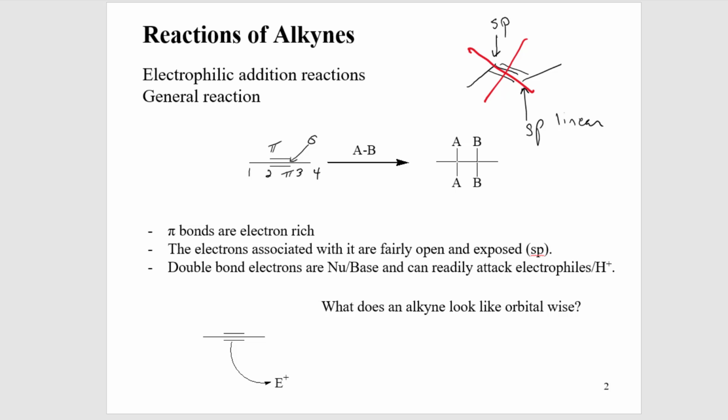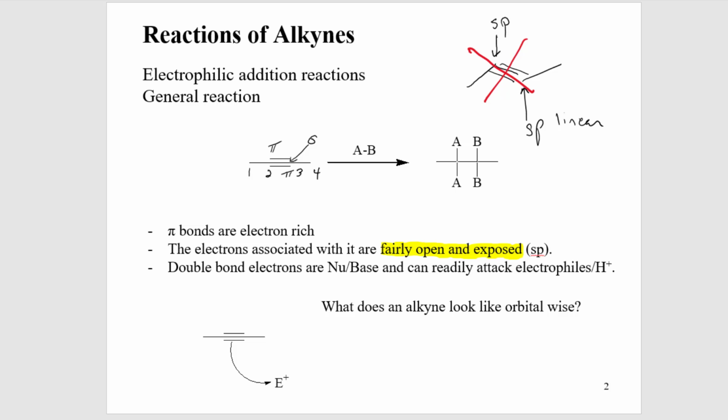And there is a lot of open space given this linear geometry. So it's a fairly open area. It's very exposed. So as a nucleophile, you don't have to worry about these very long rod-type carbon systems because they don't have a lot of steric hindrance to them.